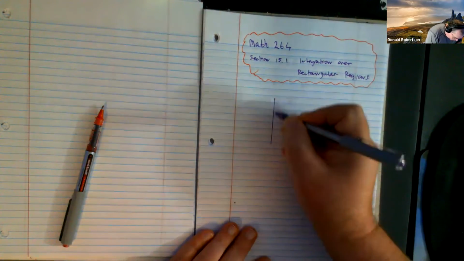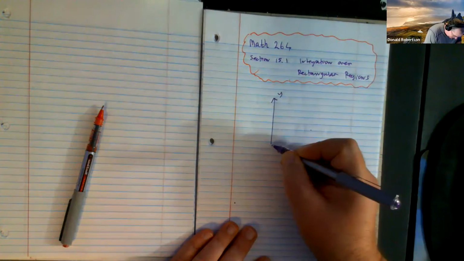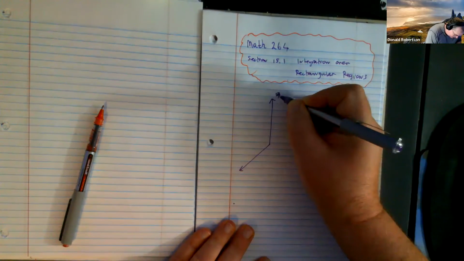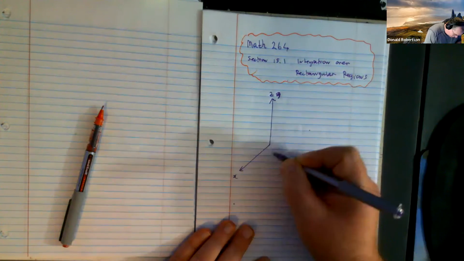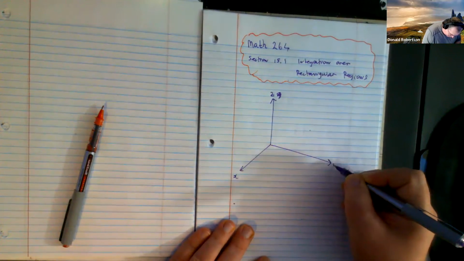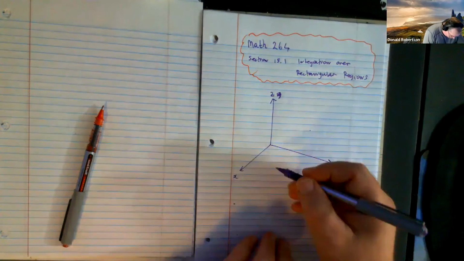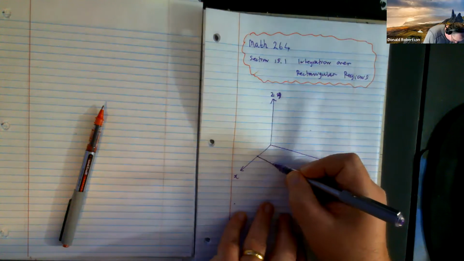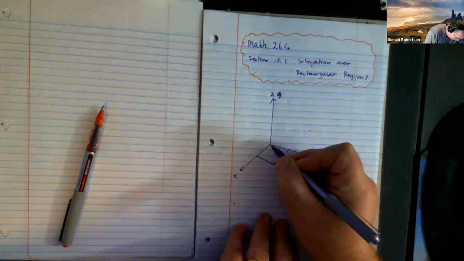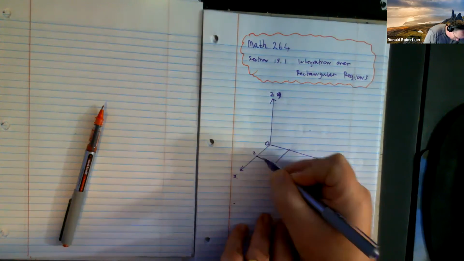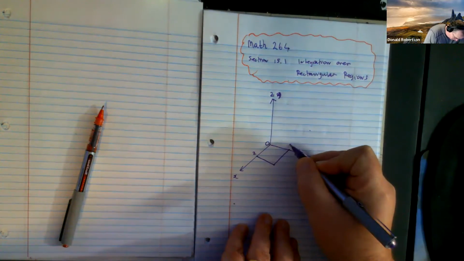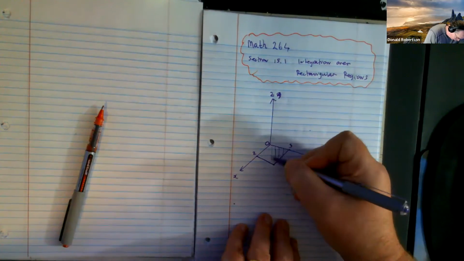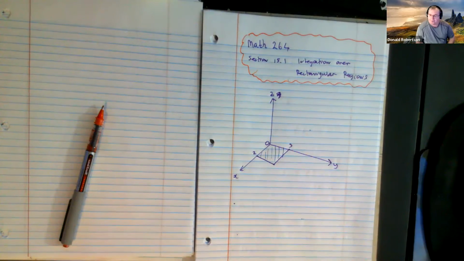So let me try and do a very bad, but the best I can, version of what we're in fact finding. I want you to imagine that we have a rectangular region. So x goes from 0 to 2 and y goes from 0 to 3. You can imagine this little rectangle on the floor.